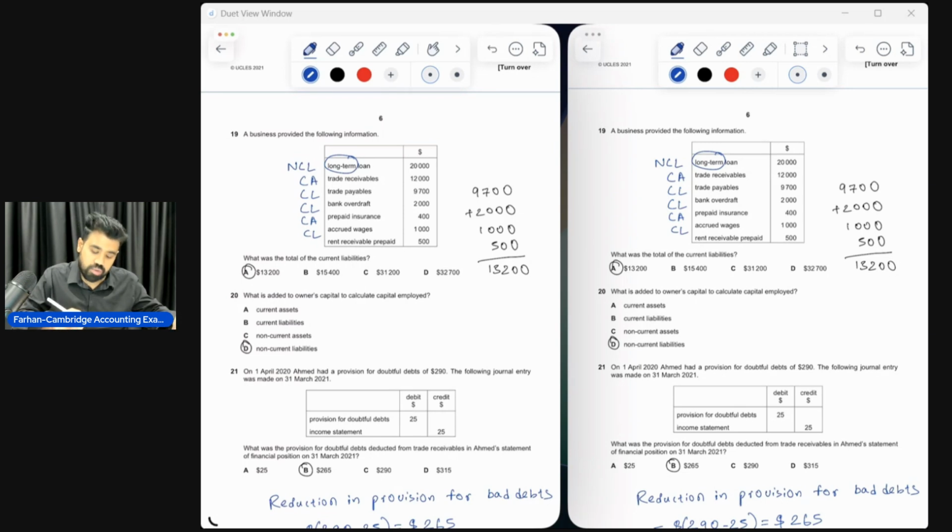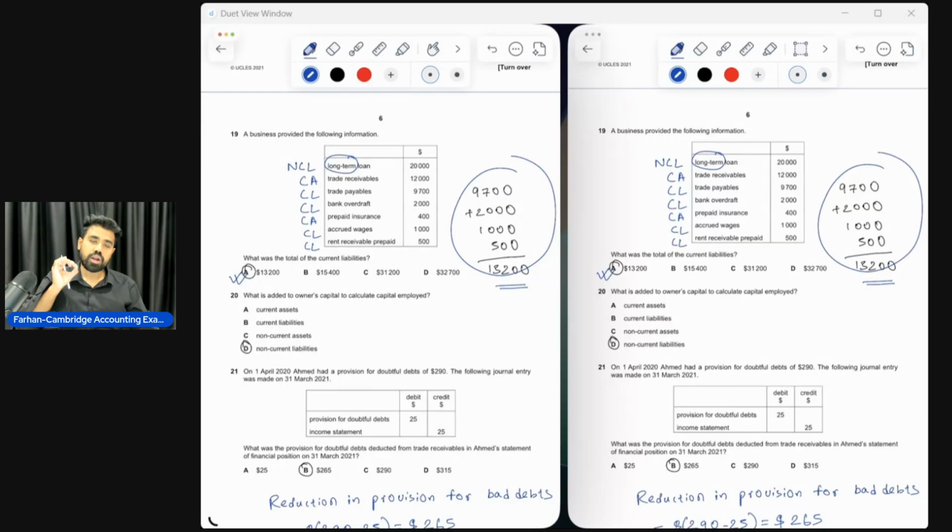What about rent received prepaid? This is also referring to rent that you've received in advance from your tenant, possibly for the future financial periods. Okay, so again, this is a current liability. So what you can do simply is add each of those four together and you should get 13,200. Therefore, option A would be the correct answer to select for number 19. Okay, all right.